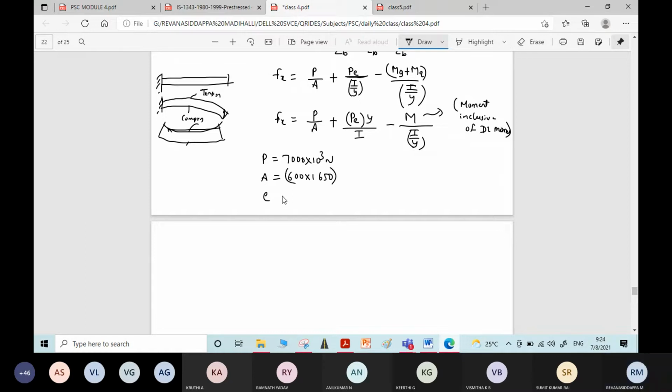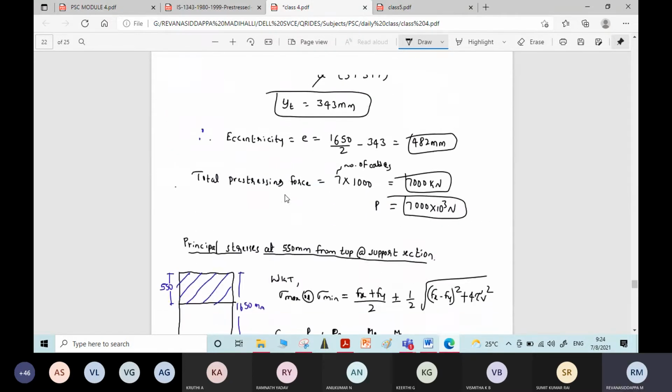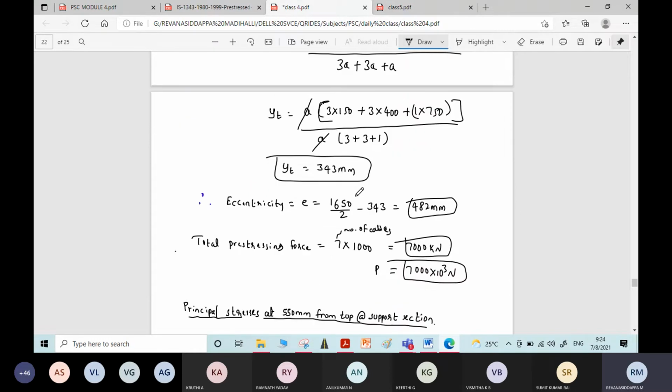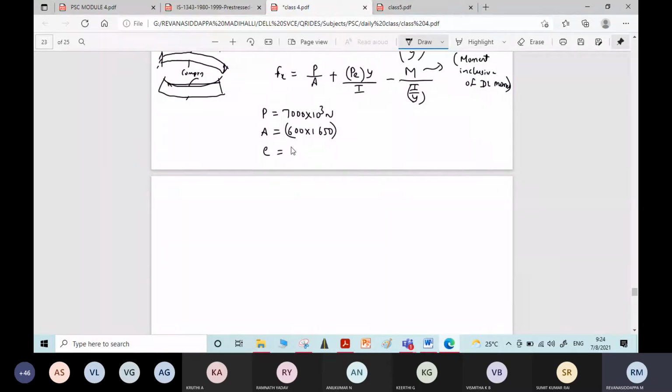Then eccentricity, you have determined it, how much did we get? It is 482 mm. E is equal to 482 mm.